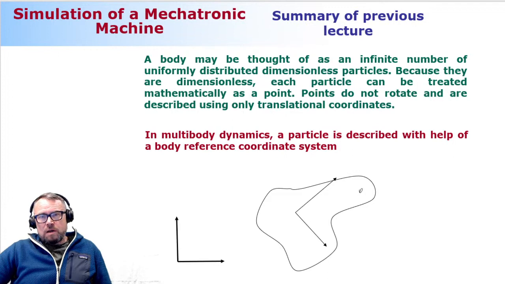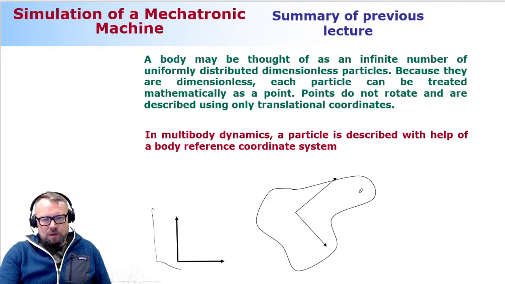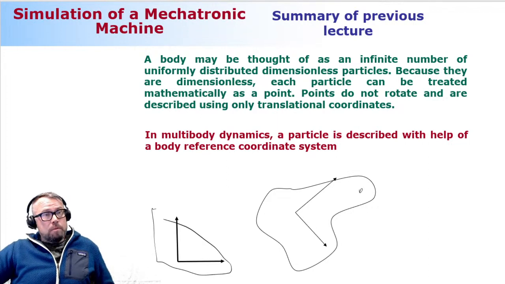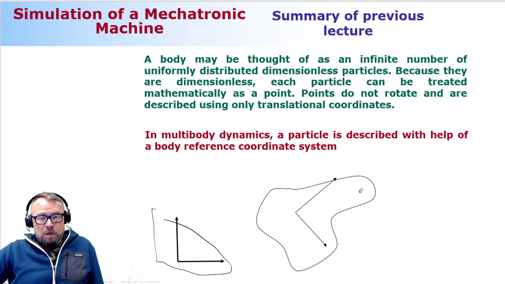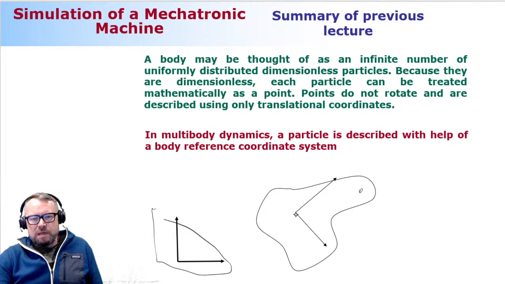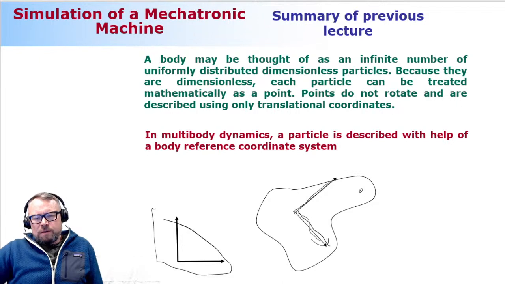What's the way to describe this particle with respect to a reference coordinate system, which is typically called the global coordinate system? Well, long story short, the easiest way to make it happen is to employ a body coordinate system, a body reference coordinate system. The body reference coordinate system is attached to the body, and it travels and rotates with the body.